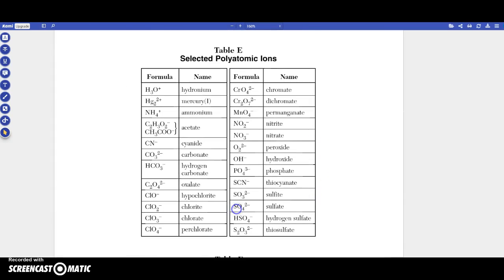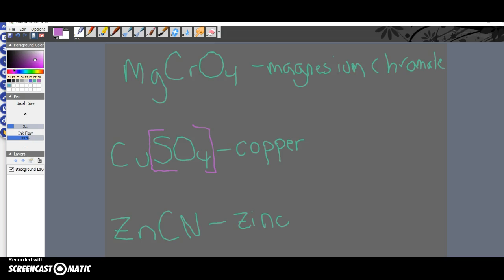SO4 is right here. It's sulfate. And sulfate's charge is -2. So above it, I'm going to write -2. That means that my cation, my copper, this has to be +2. And there's only 1 atom here, so there's nothing to divide it up between. So I don't have to do any funny business there.